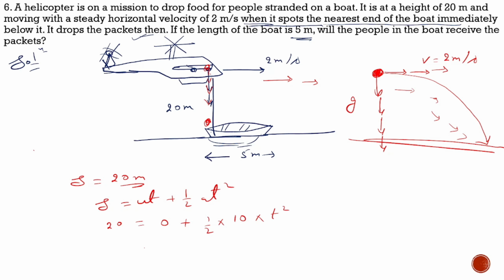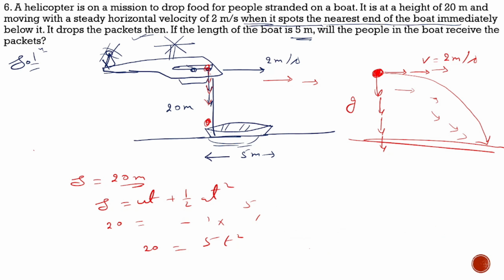Here also we get 20 equals 5t square, or t will be equal to root under 20 by 5, root under 4, that will be 2 seconds. So the time taken by this food packet to reach the boat is 2 seconds.